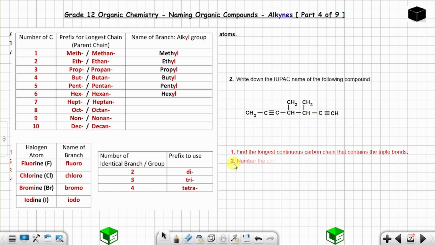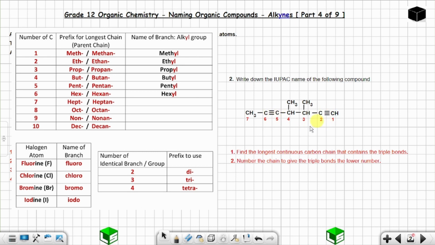After that, you are going to number the chain to give the triple bonds a lower number. So it will be from the right to the left, because from the right, you have the triple bond on carbon number 1. So 1, 2, 3, 4, 5, 6, 7. You have a triple bond on carbon number 1 and another triple bond on carbon number 5.